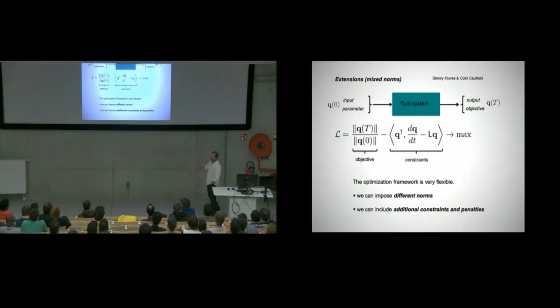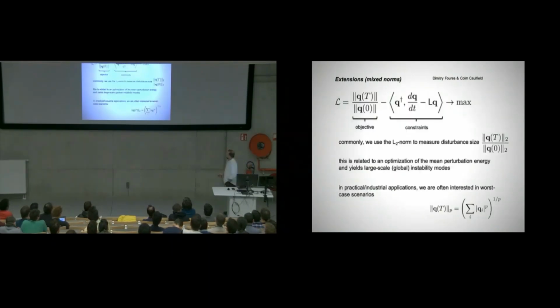Okay, energy is nice and L2, but it has some disadvantages, and that one is because we harvest energy, we're not restricting the size of the initial condition or the size of the output. Okay, so by saying maximize the energy, the structures usually spread anywhere in the flow field wherever they can get their hands on some energy.